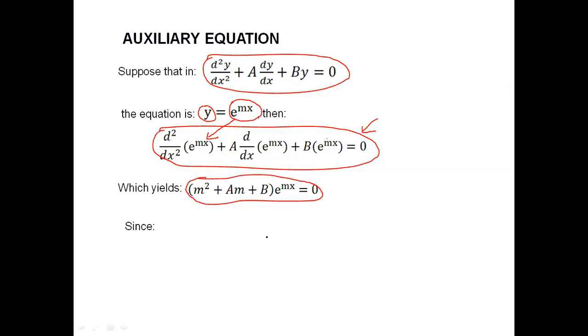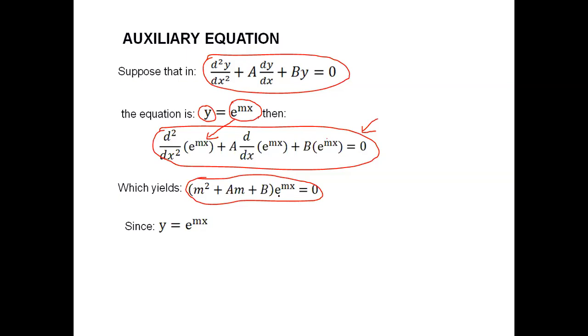Then, from this equation, we know the value of y is equal to e raised to the power mx, and this value of y cannot be equal to 0. So therefore, in this equation, (m squared plus am plus b) times e raised to the power mx is equal to 0.